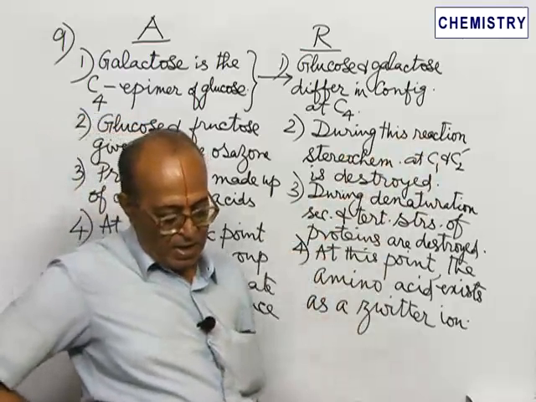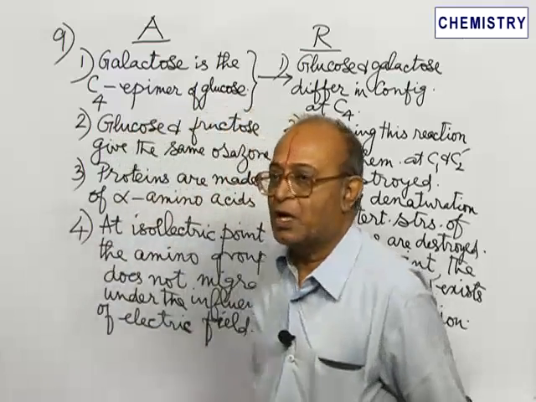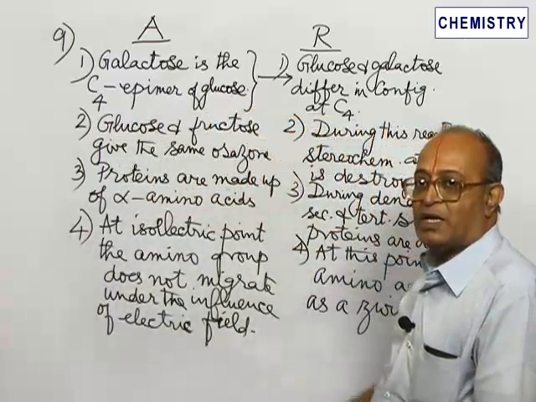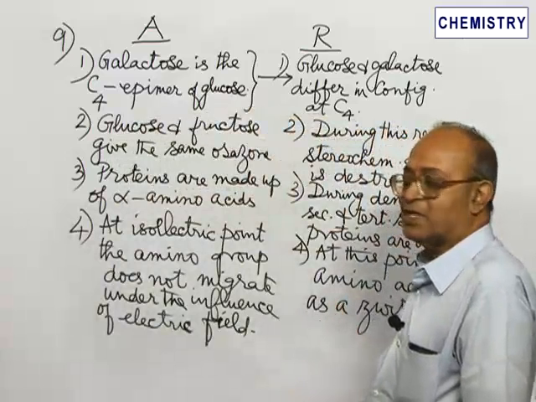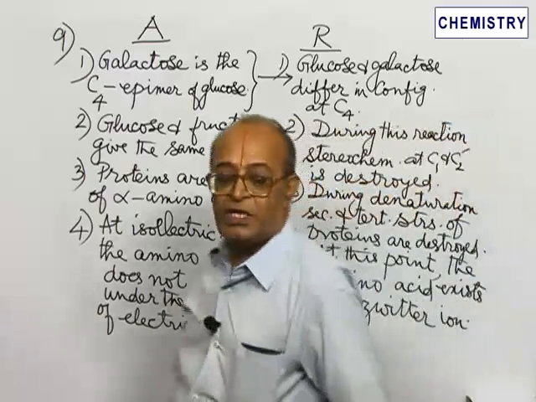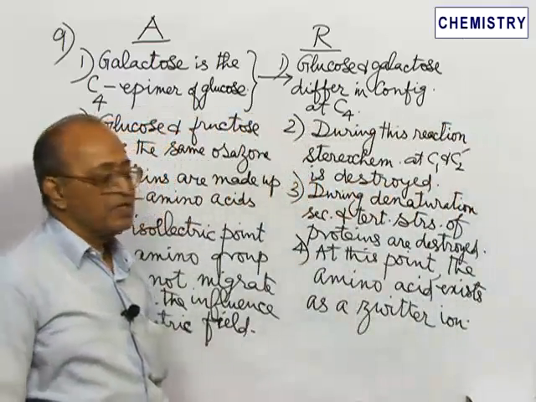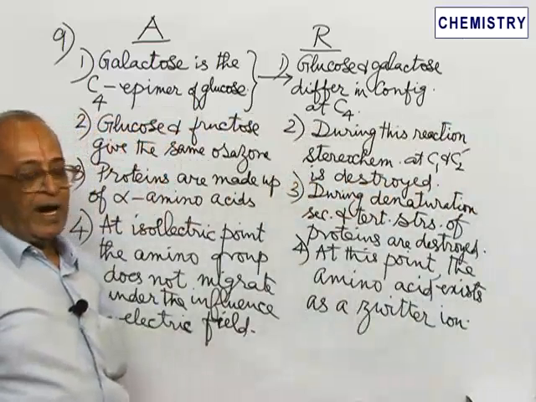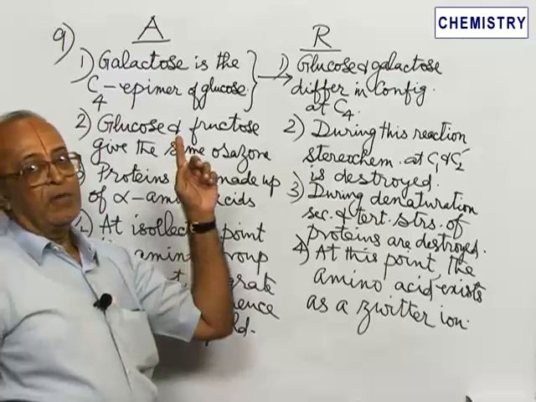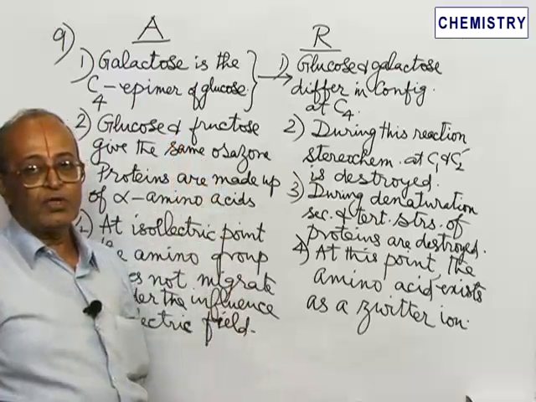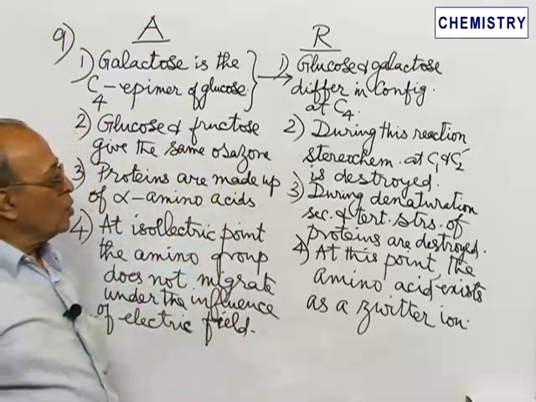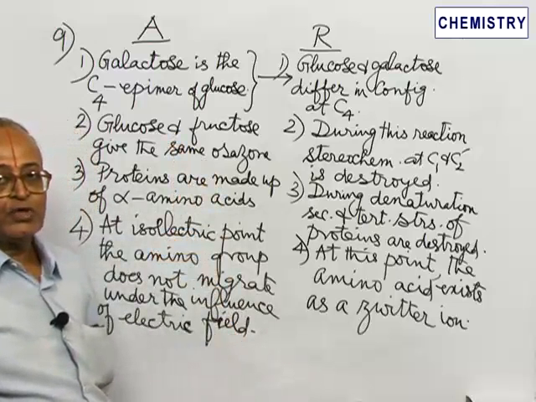That means in glucose, C1 carbon, as I have told you just now, contains the aldehydic group, and in fructose, C2 carbon contains the ketonic group. Aldehydic group number 1 in glucose and carbon number 2 in glucose are involved in osazone formation.